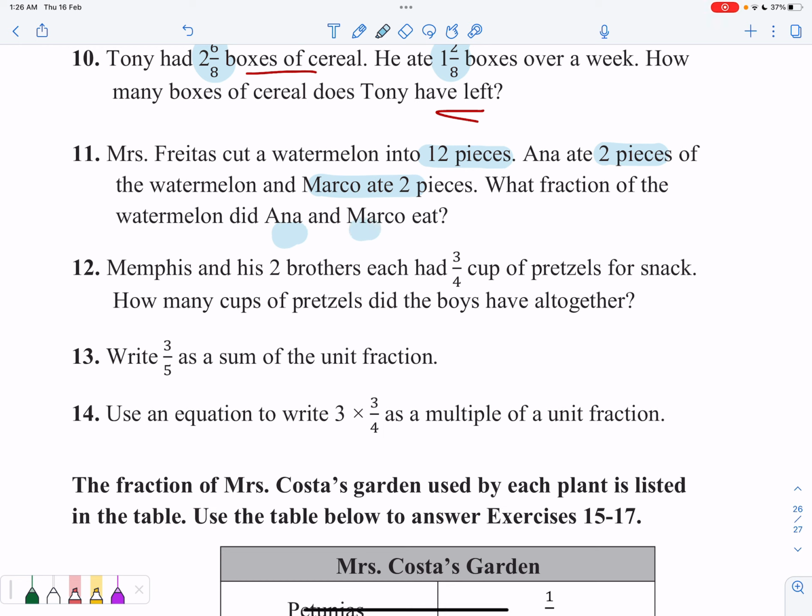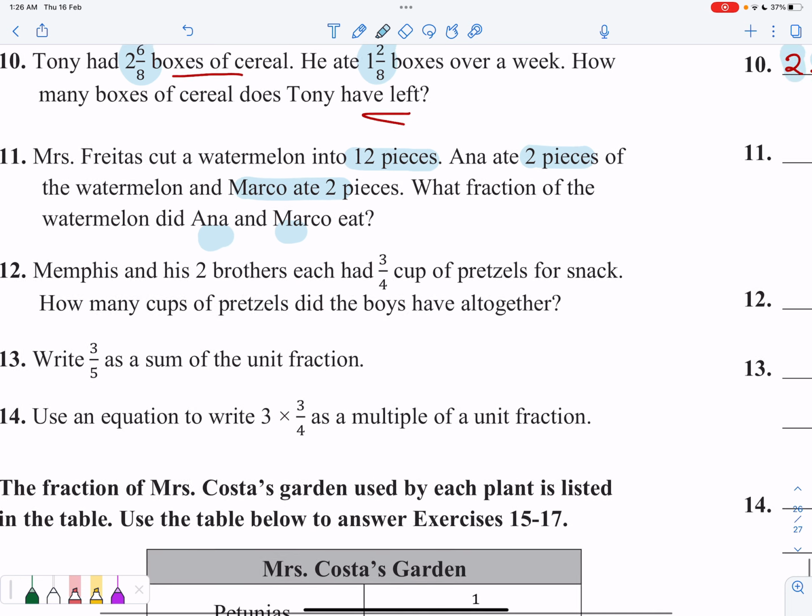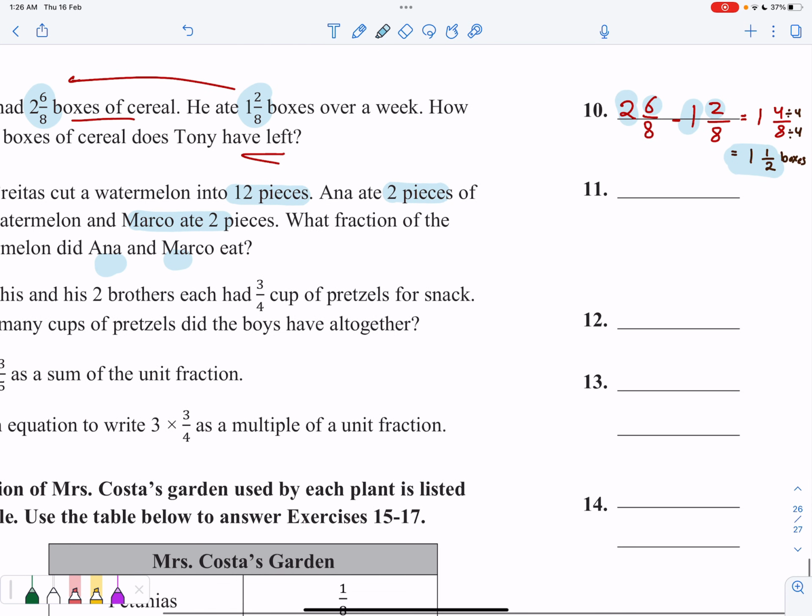So we want to find the fraction that both of them ate together. So the first girl, she ate 2 pieces out of, what is the total? The total is 12 pieces. And the second girl also ate another, so I will add 2 pieces out of the 12.